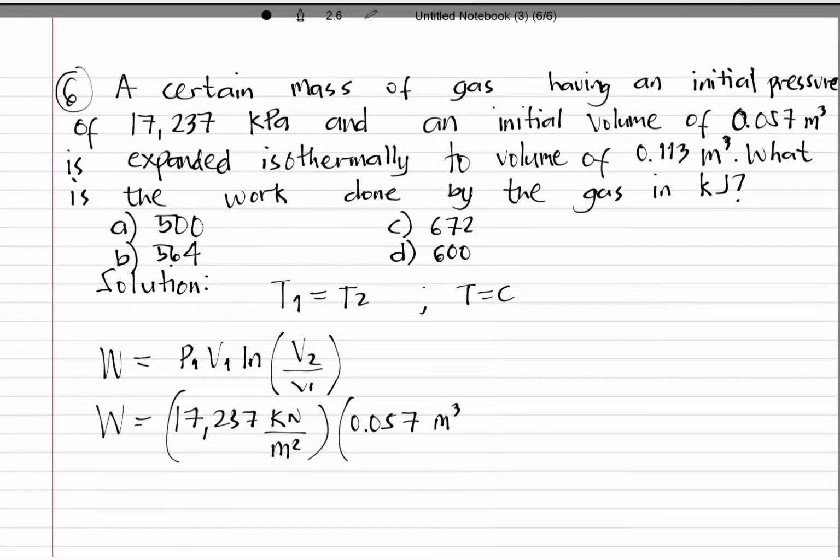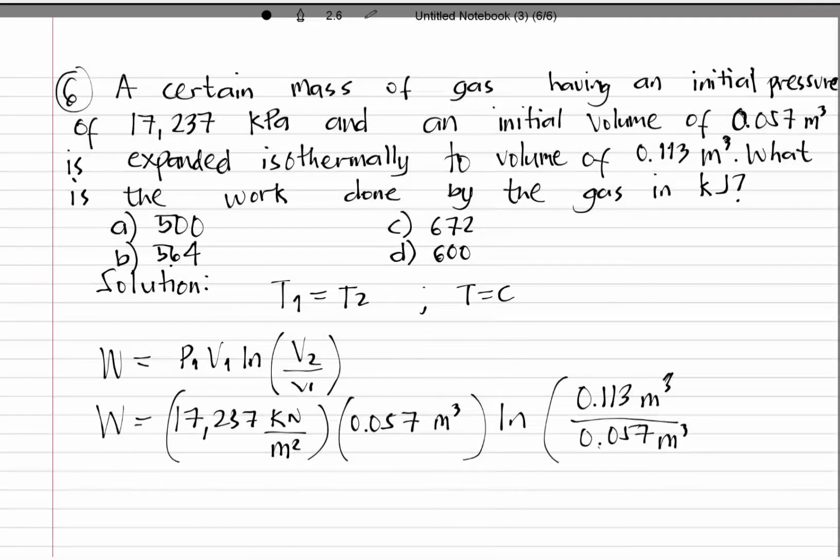Yan, 0.057 cubic meters. Okay? And then, ln ng ating V sub 2, yung V sub 2 natin is 0.113 cubic meters over V sub 1 natin na 0.057 cubic meters.